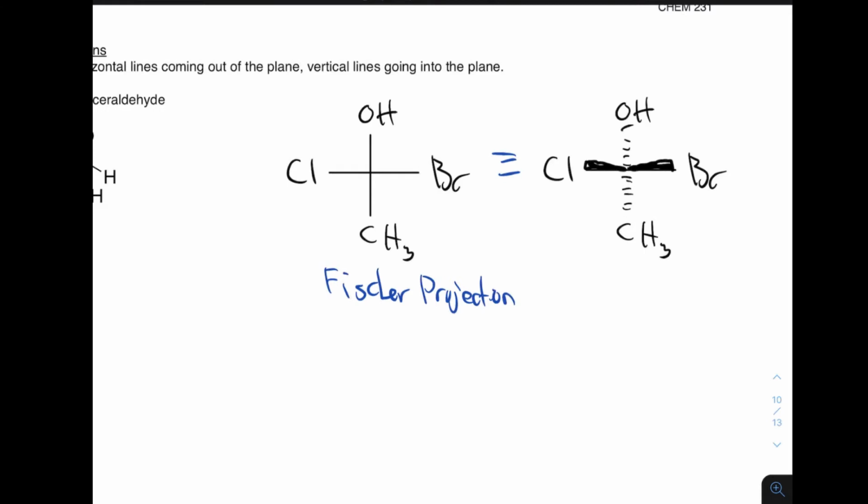And so now this tetrahedral carbon in the center still has those bonds 109.5 degrees apart. It's hard to tell here because everything looks like it's 90 degrees, but this is what it looks like in a bond line, or line angle fashion rather, with wedges and dashes.